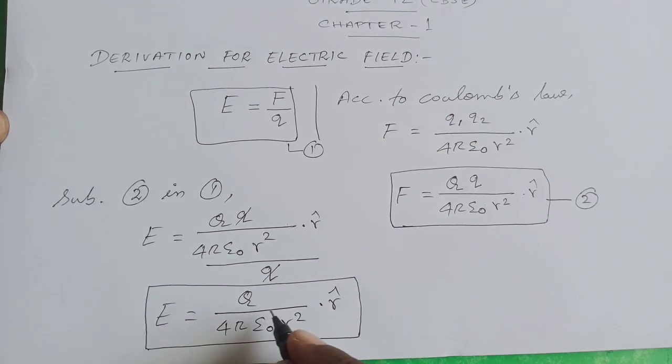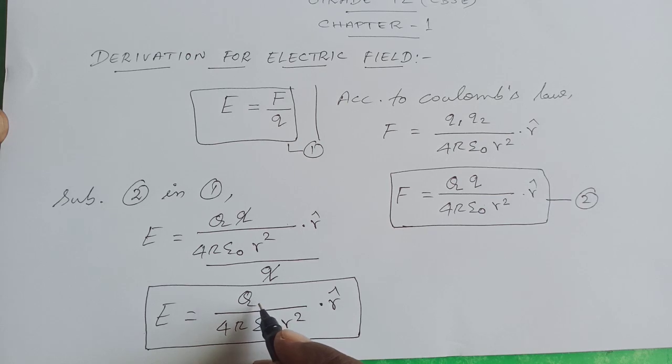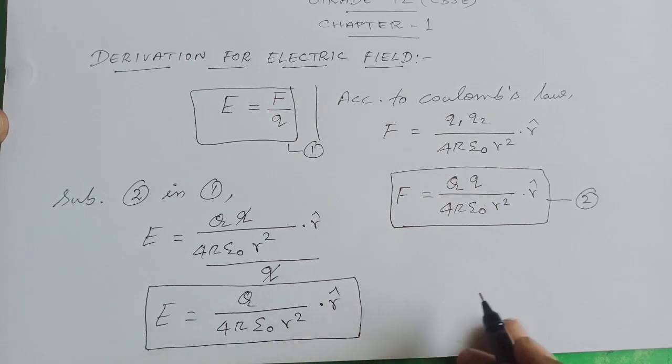When we are denoting this equation in vector form, we have to include this r cap. Here capital Q is the source charge. We know what epsilon naught and r are. So E is equal to Q by 4 pi epsilon naught r square into r cap. This is the derivation for the electric field.